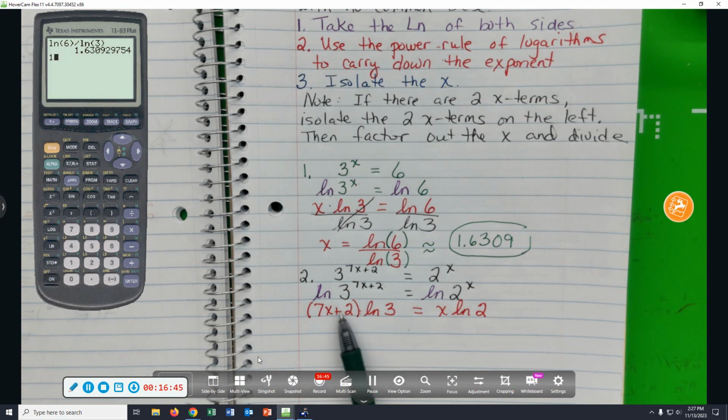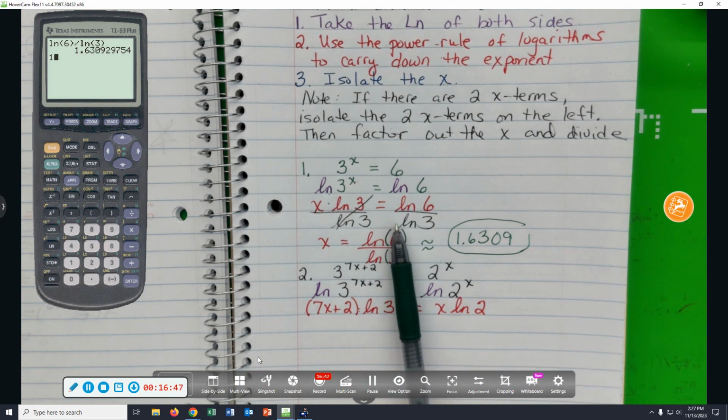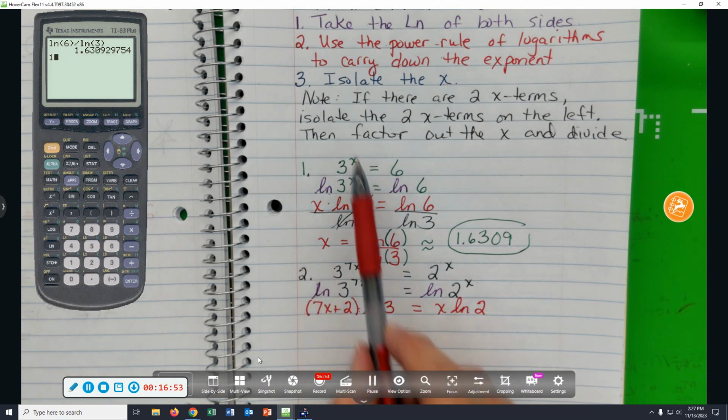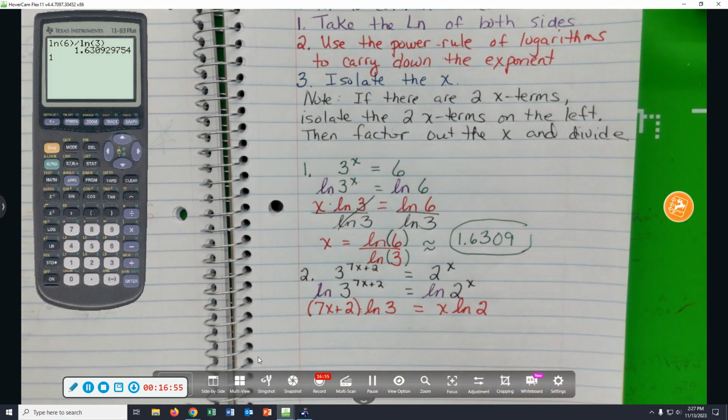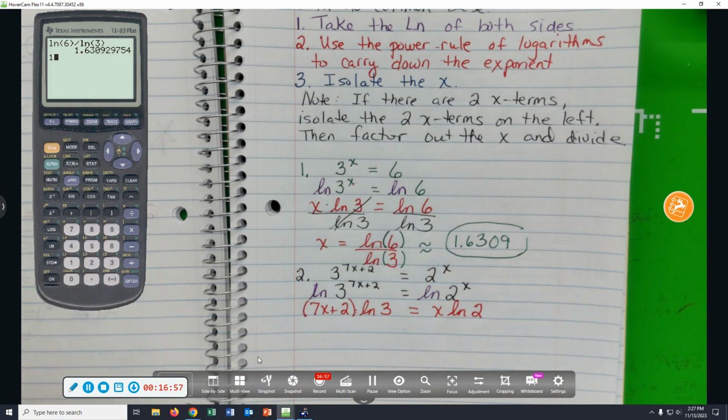So this one's not quite as easy as the previous one because there's two different x's, x's on each side. So I say if there's two x's, isolate the x terms on the left. I guess I should have written, you might need to distribute.